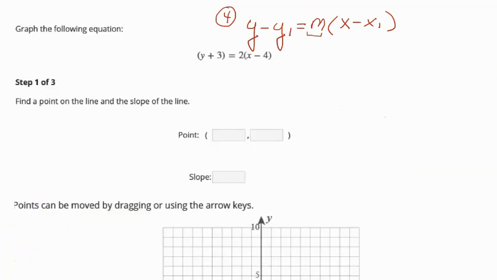Now, as I mentioned in our flipped classroom video, when you see an equation that's in point slope form, which is what is illustrated here, and you're asked to find the slope and that ordered pair, give a shot at it. What would you put here?